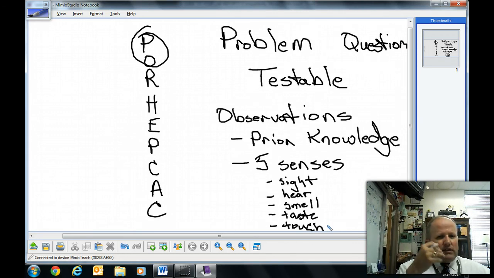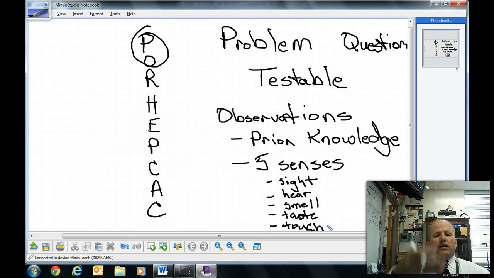You could taste it rarely, and especially in chemistry, but that's what cooking is. You could taste it and you can touch it. So all observations are things you already know or things that you do at that moment and get with your five senses. But you got your prior knowledge from the five senses to begin with.